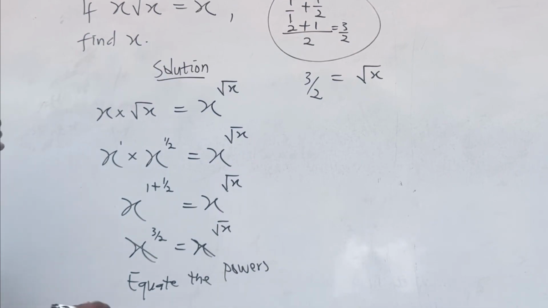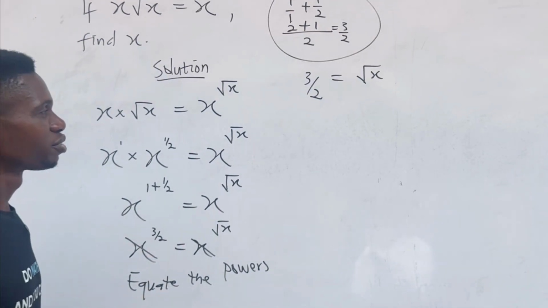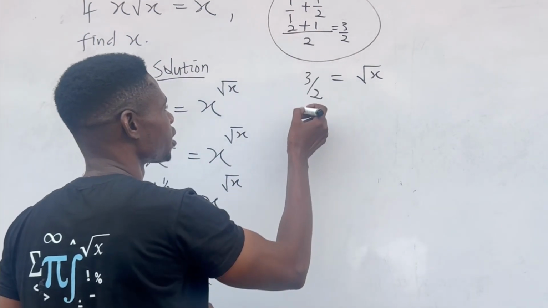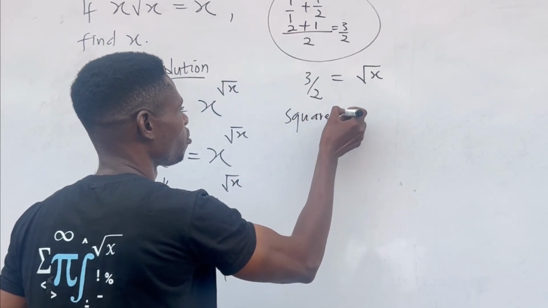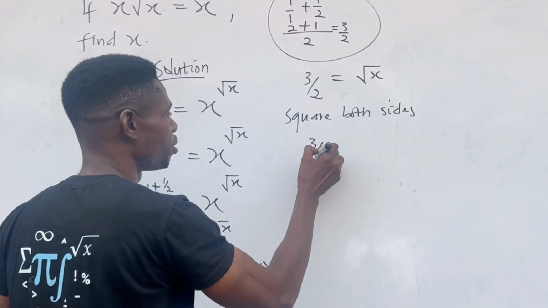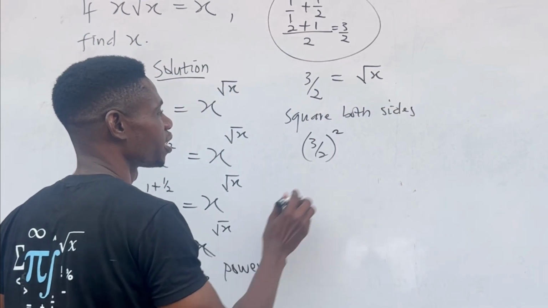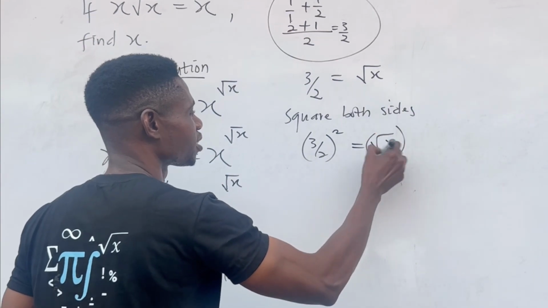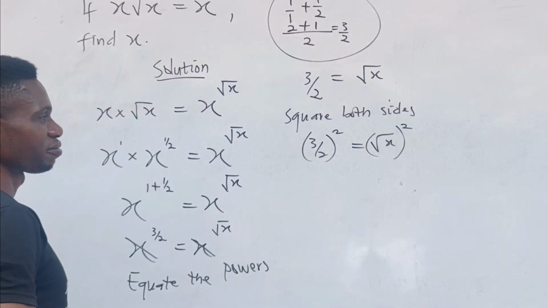Okay, so we can easily square both sides and then we'll have our answer. So let's square both sides. So we have 3 over 2 squared equals root x squared.